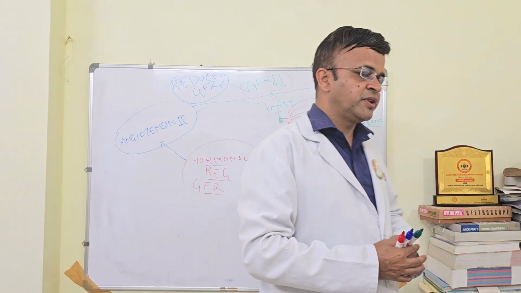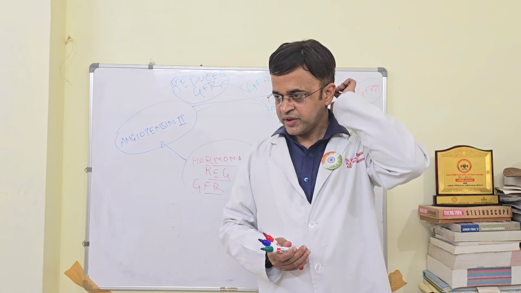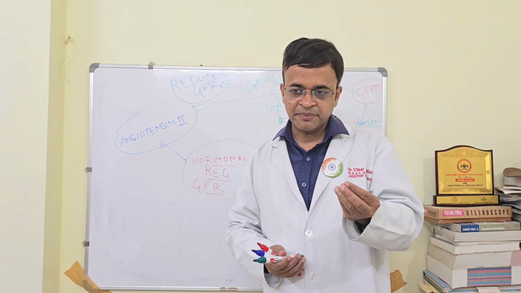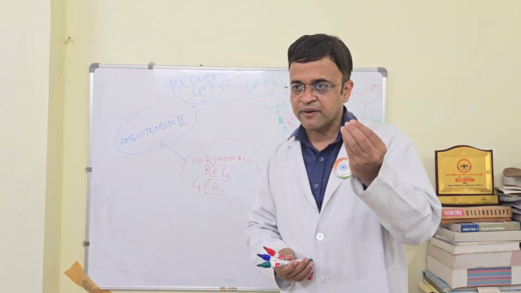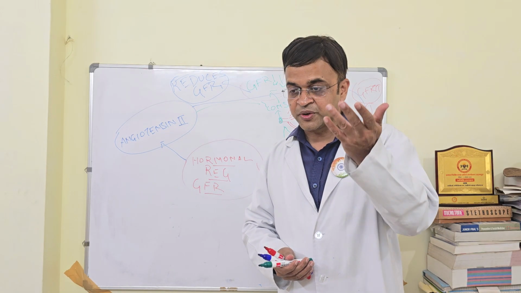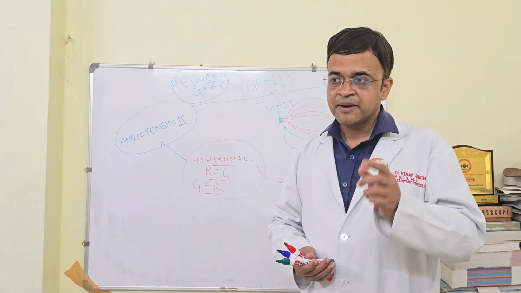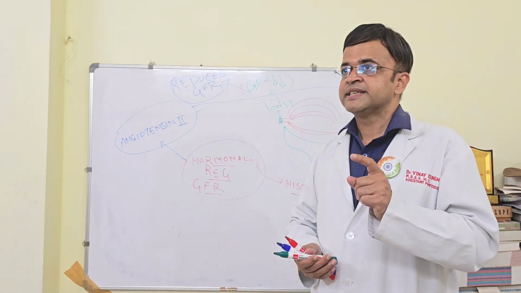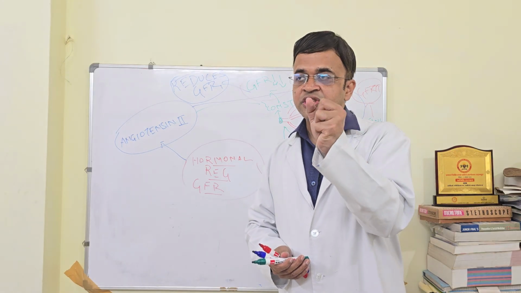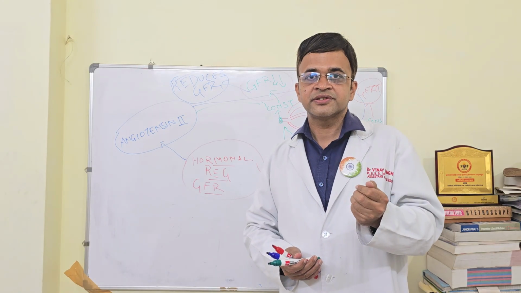Now, if you have read about inflammation, you would know that histamine is a vasodilator. So, if histamine vasodilates your afferent arteriole, it will of course lead to an increase in GFR. But apart from that, histamine also leads to contraction of mesangial cells.